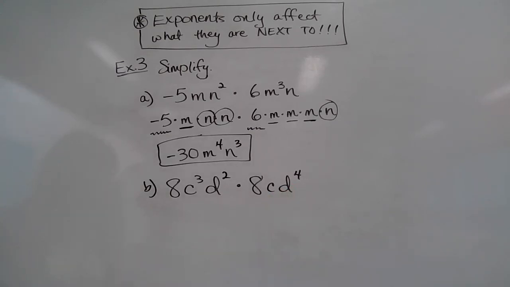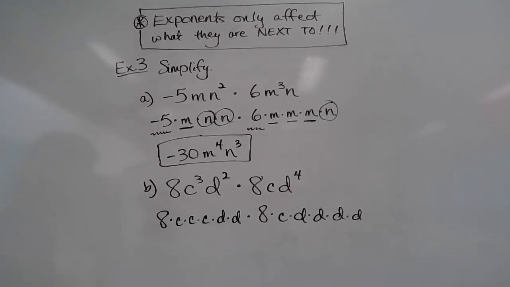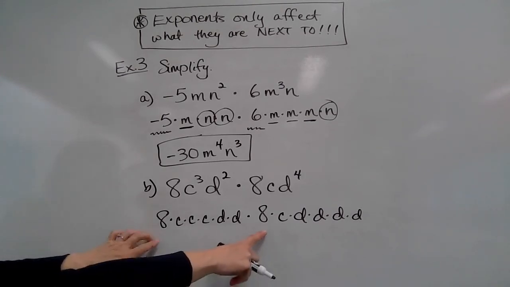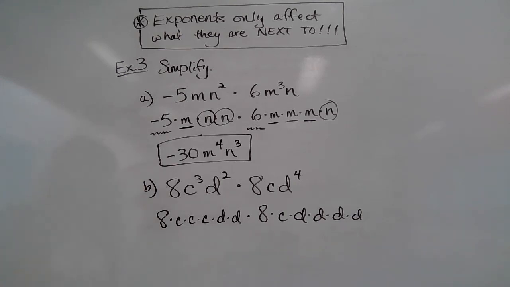Let's write it out the long way just to really see what's going on. Okay, so there is a lot going on here. And once you understand it, you won't have to write it out this way. But for now, this really helps make it obvious what's happening. So we have 8 being multiplied with another 8. You might be tempted to say 8 to the second power for your first one because it is 8 times 8, and that is 8 to the second power.